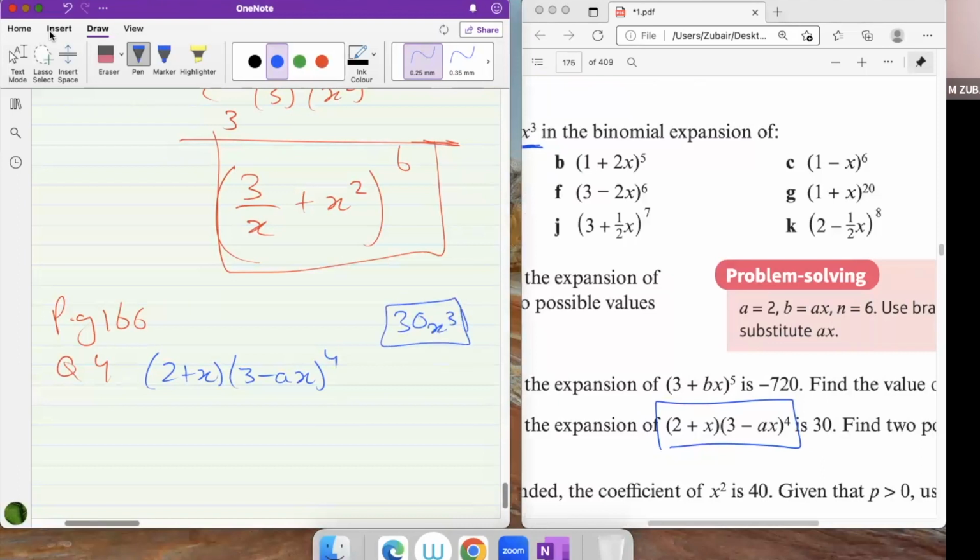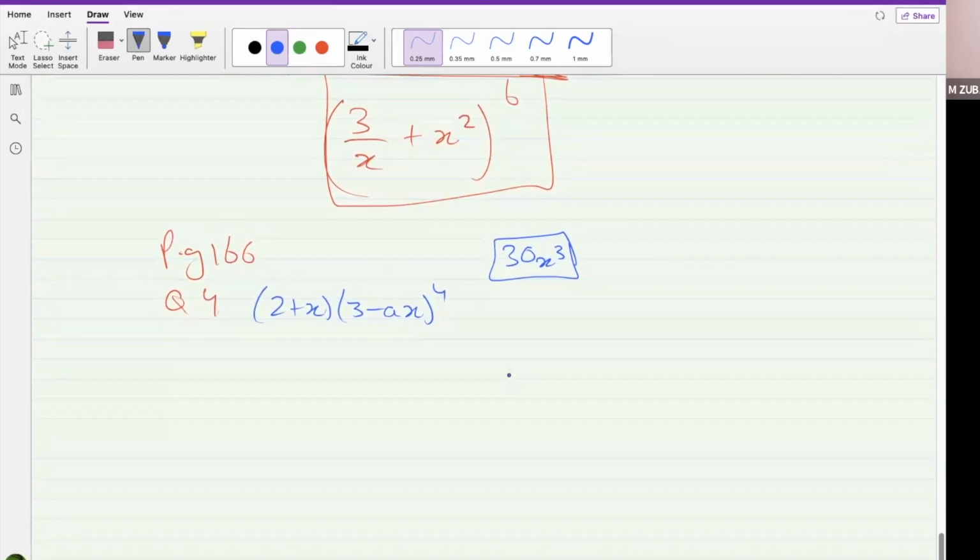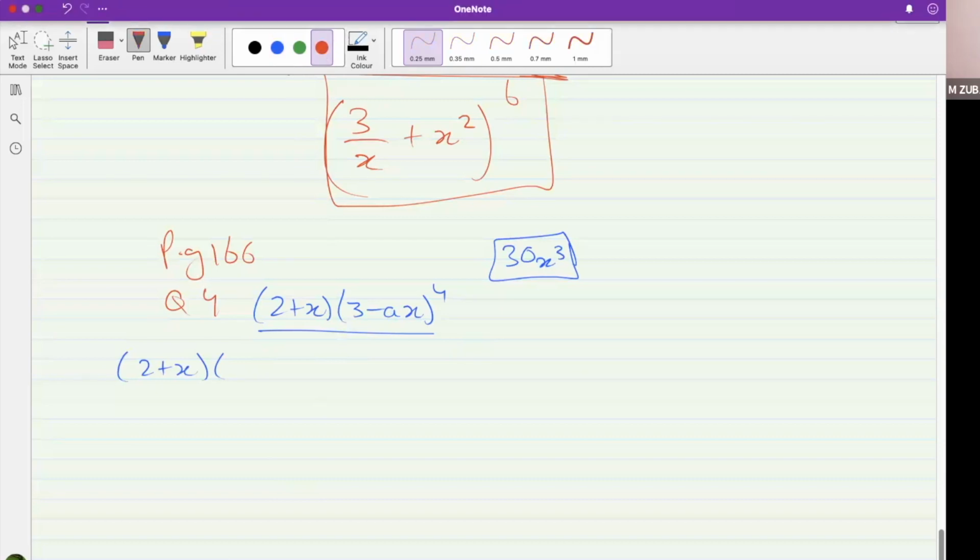So this is the keyword and the hint. Now I'm going to expand this question. We know there is no power on this, so it stays as it is. Now there are again two ways we can do this. Either we expand all the 5 terms and then select our terms, or we directly write it. First, I will write all the terms.